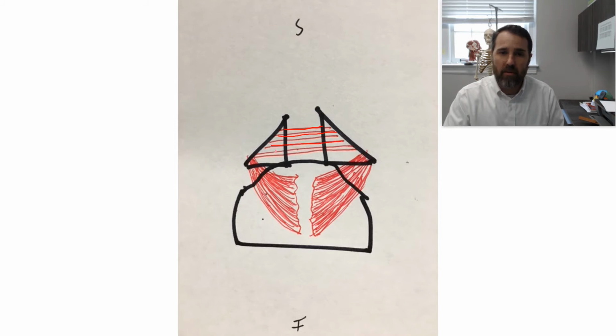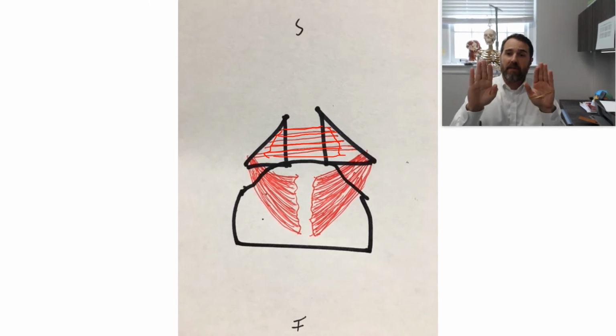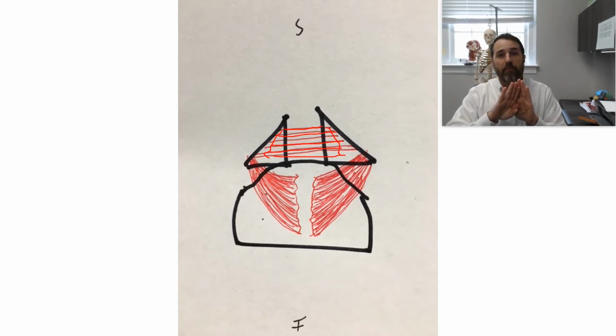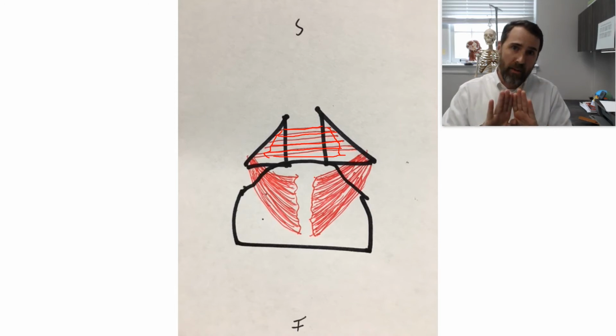The fibers of the muscle run straight across between the two arytenoids. And so obviously if this muscle contracts, it is going to pull the arytenoids together. And if it is pulling the arytenoids together, it is adducting the vocal folds.